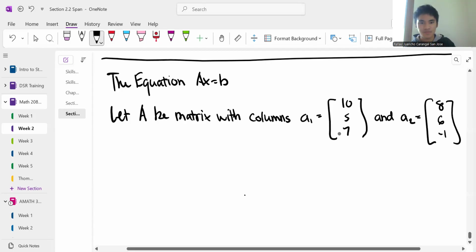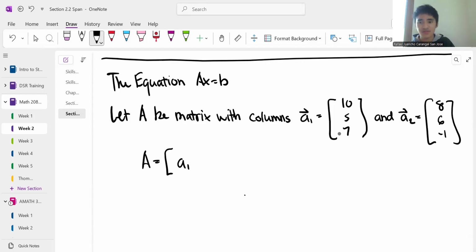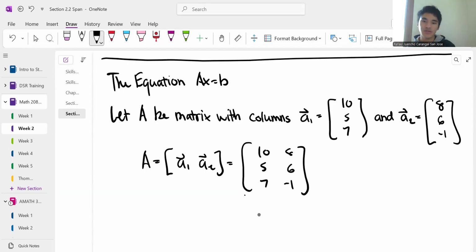So these are vectors actually. A is just this matrix. It's a 3 by 2 matrix, right?